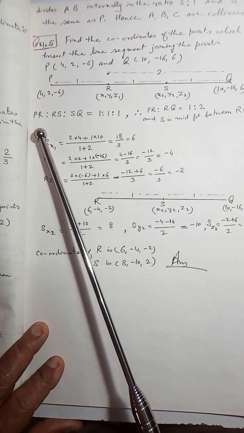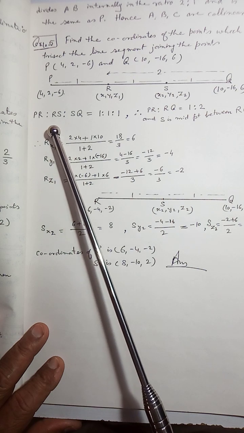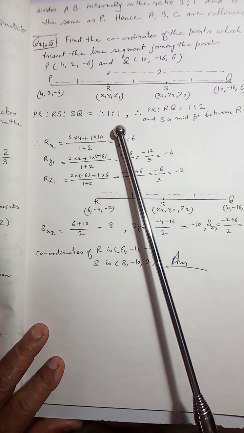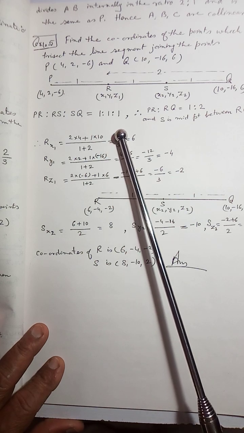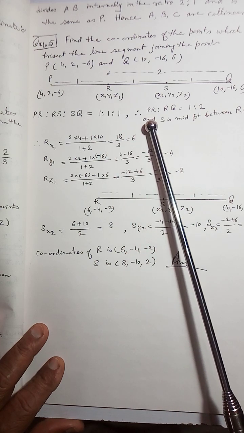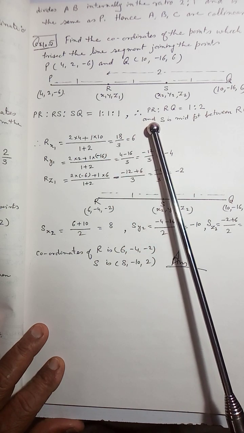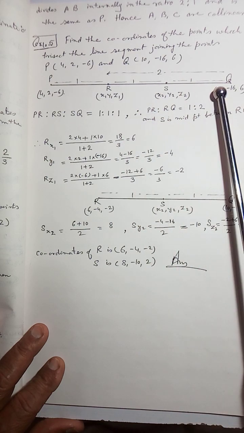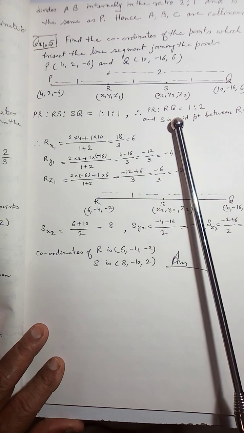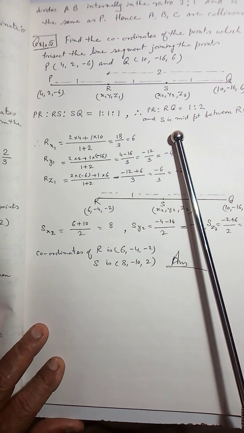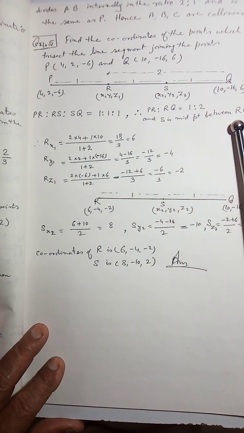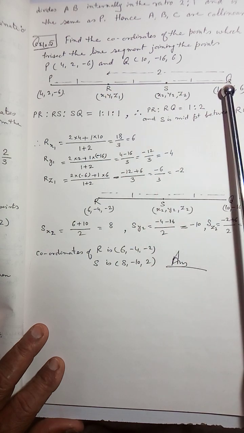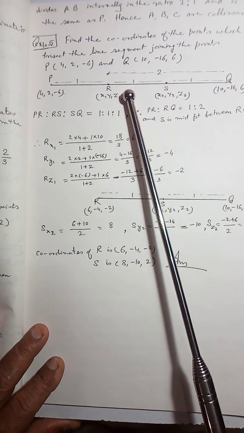Here I have written PR:RS:SQ equal to 1:1:1 for trisection. But PR to RQ will be 1:2, because 2 parts remain on one side and 1 part on the other. And S is the midpoint of R and Q because both are 1:1.